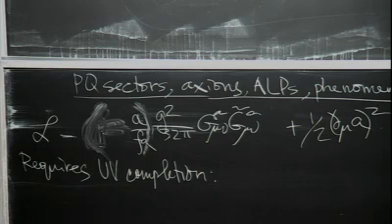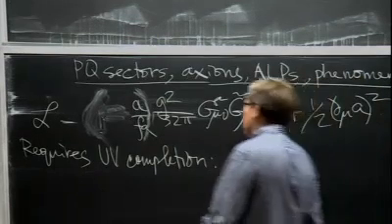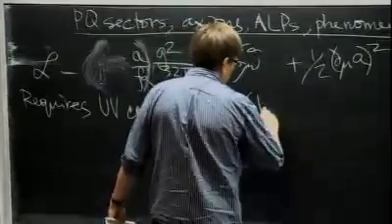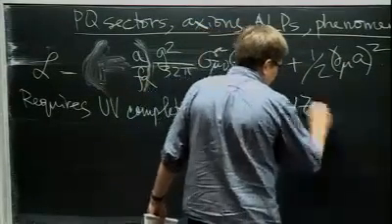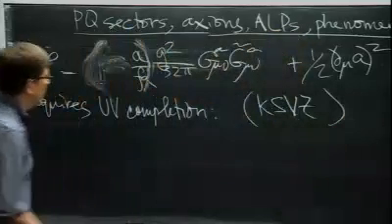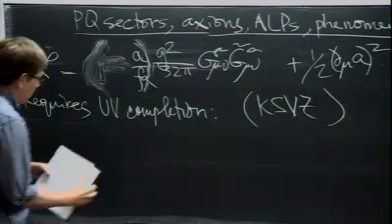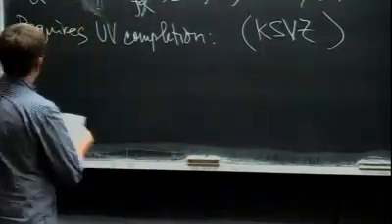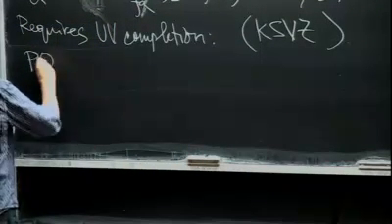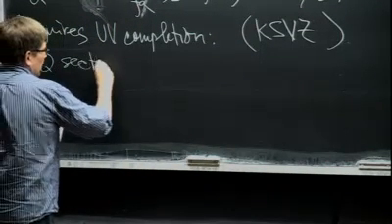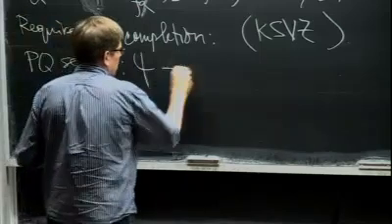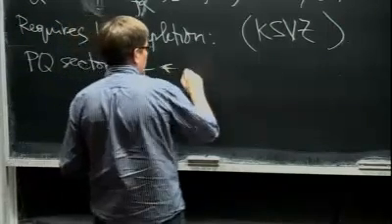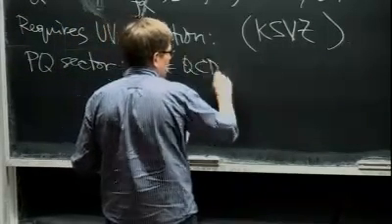But for axions, there is a variety of UV completions that go under various names. So the one that I'm going to show you is this type of axion, and the idea is that we introduce a Peccei-Quinn sector, and that is a fermion with a QCD charge.